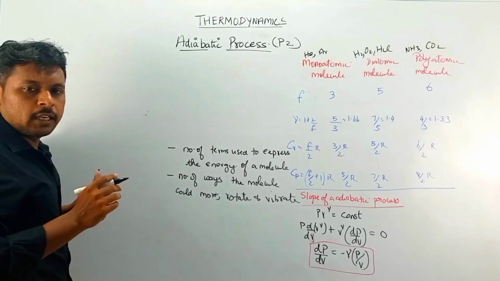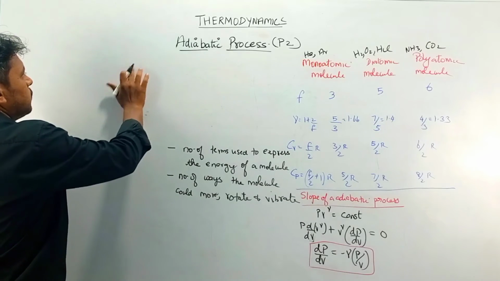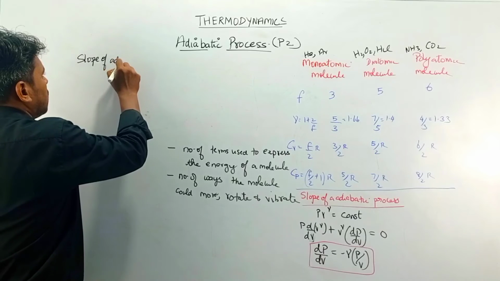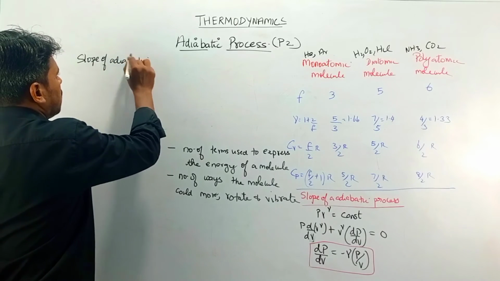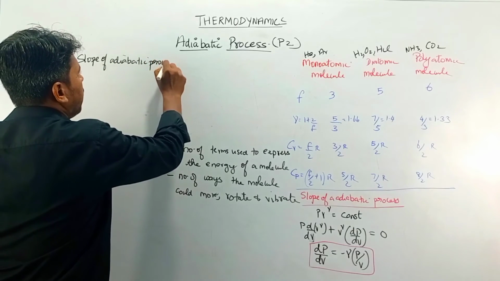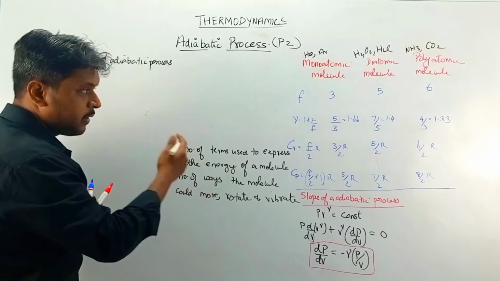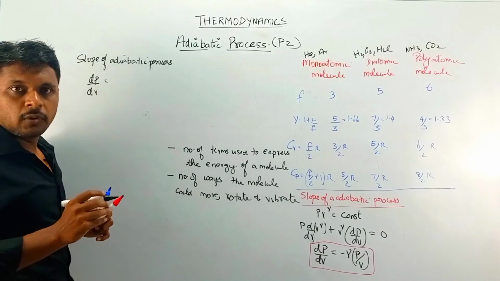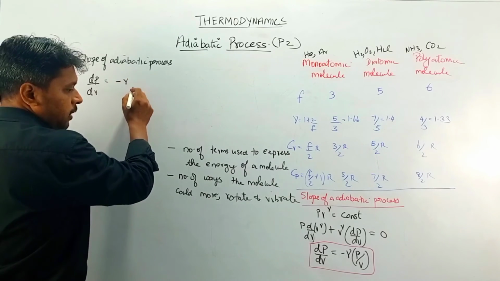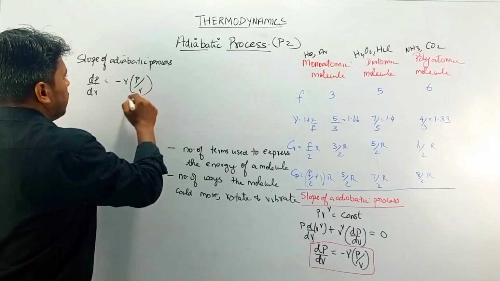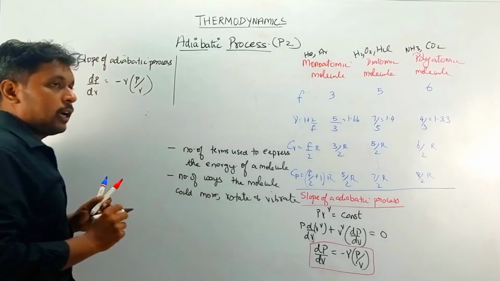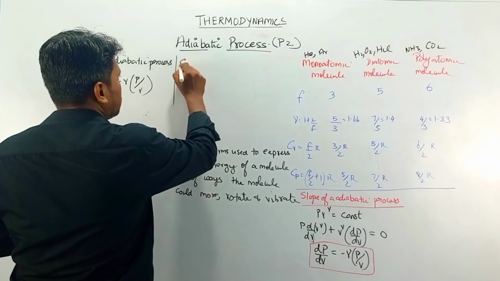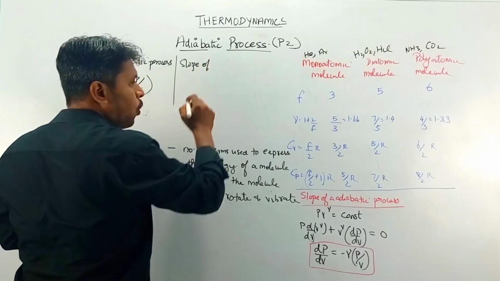So now here we can see the slope of adiabatic process. Already we have written that dP by dV is equal to minus gamma P by V. Now I'm going to compare the slope of adiabatic process with the slope of isothermal process.